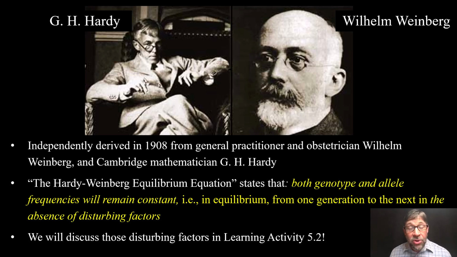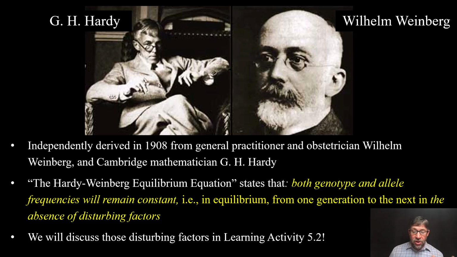And we're going to talk about those disturbing factors here shortly. These are factors like natural selection, so differential rates of survival and reproduction, which we know causes evolutionary change, or migration or mutation. All of these disturbing factors we're going to discuss in depth in Learning Activity 5.2.